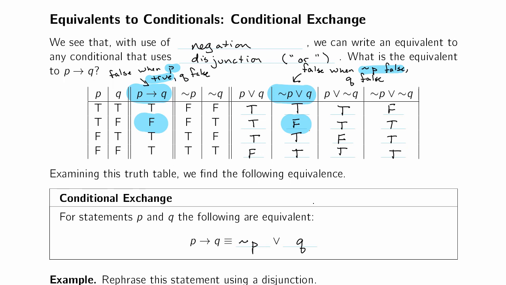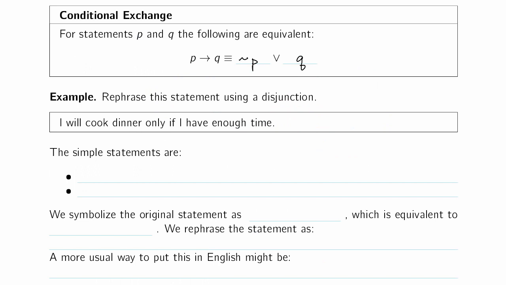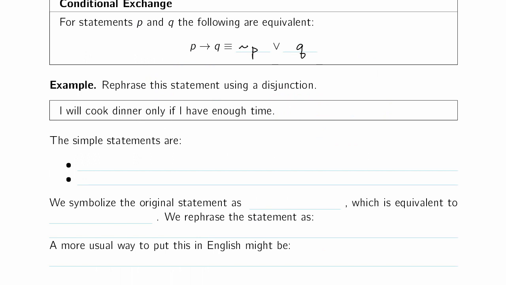So what does this actually mean when instead of looking at squiggly lines like this, we actually look at a real statement? So here's a conditional phrased in one of those weird ways we sometimes phrase conditionals, where I'm saying, I will cook dinner only if I have enough time. So our two simple statements are, I cook dinner, we'll call that P, and I have enough time.